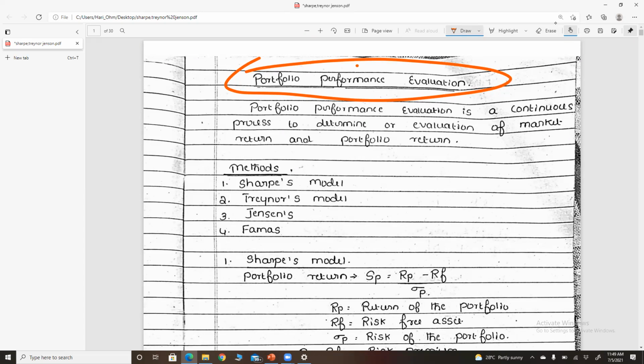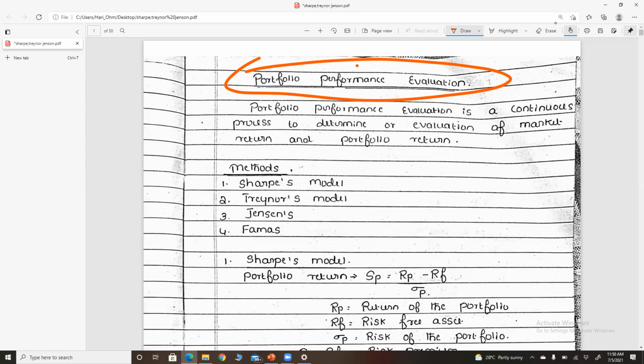It is nothing but, once you frame or prepare the portfolio, after a certain time you are going to evaluate that particular portfolio on the basis of different models. In this chapter, we are going to see four models: Sharpe's model, Treynor's model, Jensen's model, and Fama's model to evaluate the portfolio.